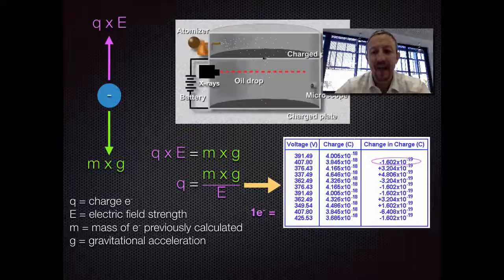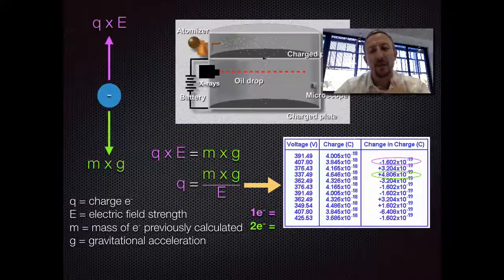Now you can see here in pink, we've got negative 1.6 times 10 to the negative 19. That basically related to one electron. For 2 electrons, we got 4.806 times 10 to the negative 19. If you multiply 1.6 times 10 to the negative 19 by 2, you will get roughly 4.8.